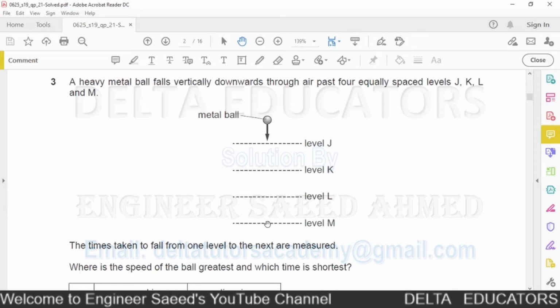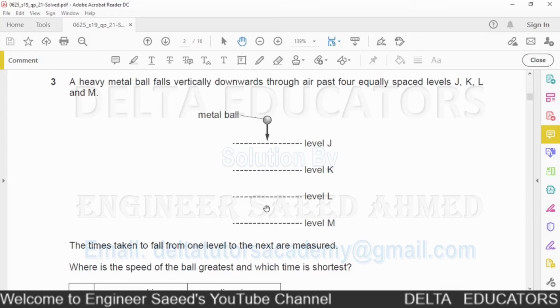When the ball is moving vertically downward, there is a gravitational pull on the ball. And because of the gravitational pull on the ball, there will be an acceleration in the ball. And because of the acceleration, we can say here the speed or the velocity of the ball is increasing. So when the ball is moving vertically downward, at every instant its speed, its velocity is increasing.